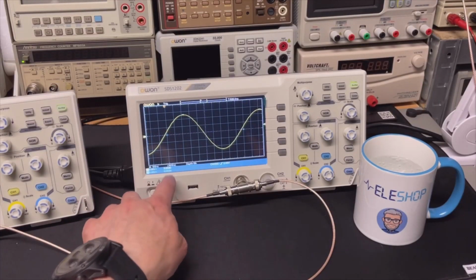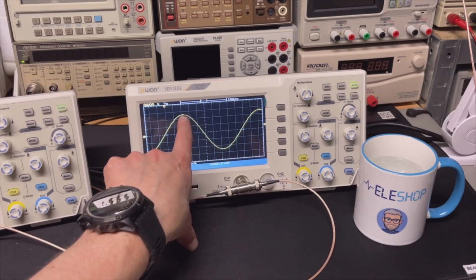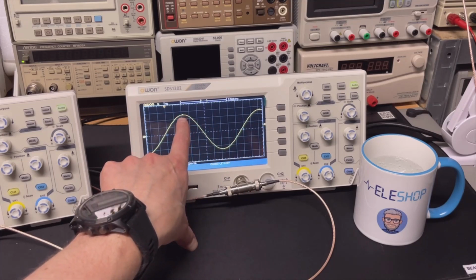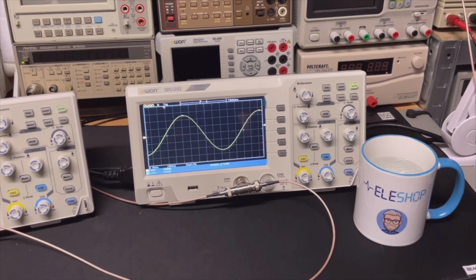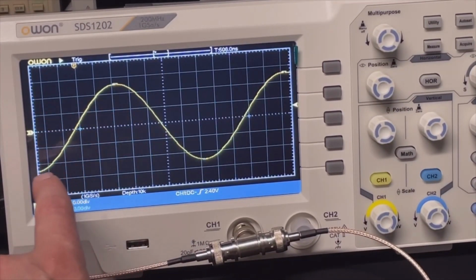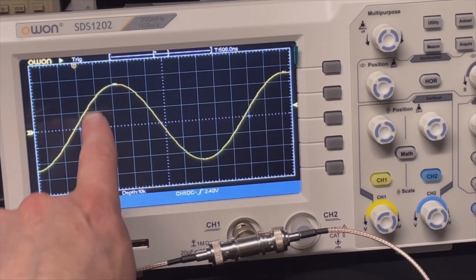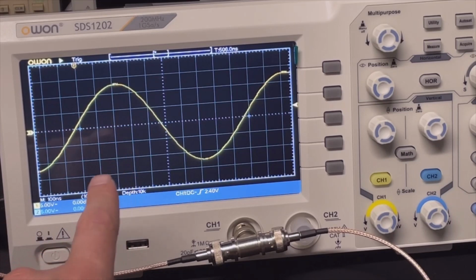Well, on the 200 megahertz scope, the wave looks a lot more stable, but I see a little bit of distortion here on the top, but that could also just be the display. If you have a closer look here, you see it's already a lot more stable in the corners, if you compare that to the 20 megahertz oscilloscope.